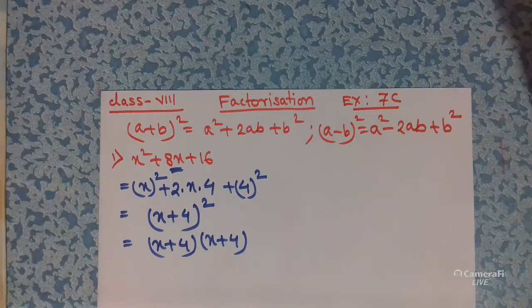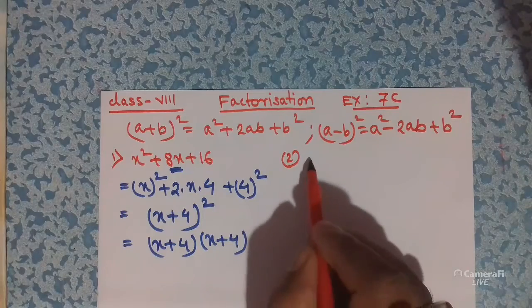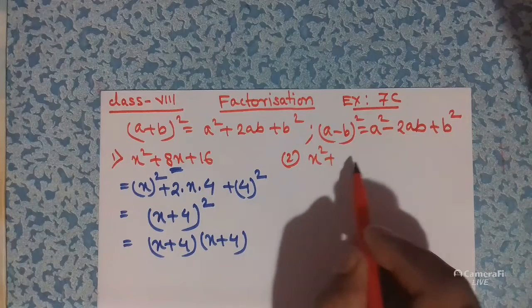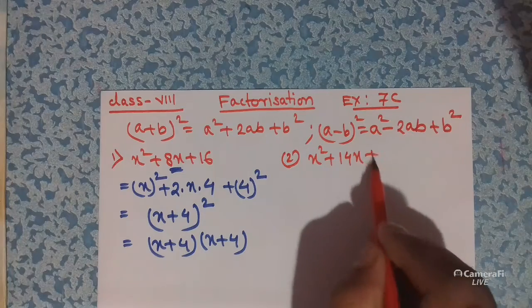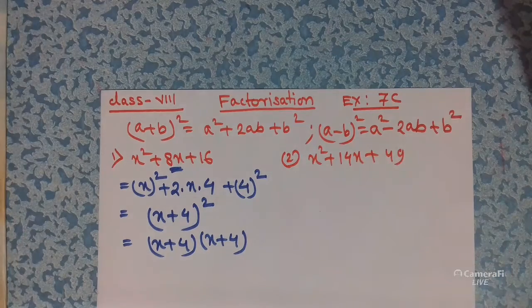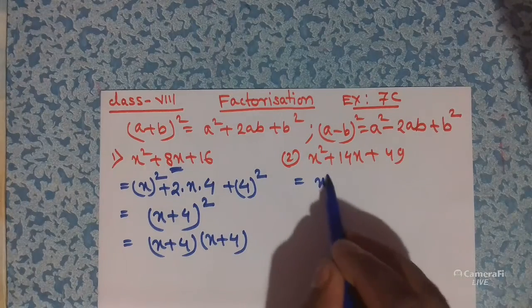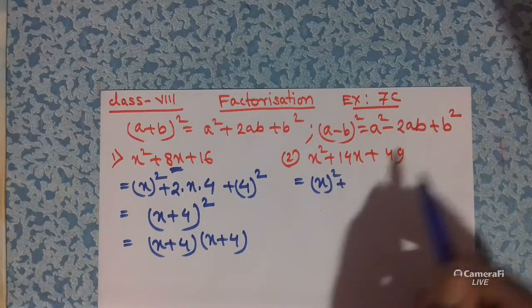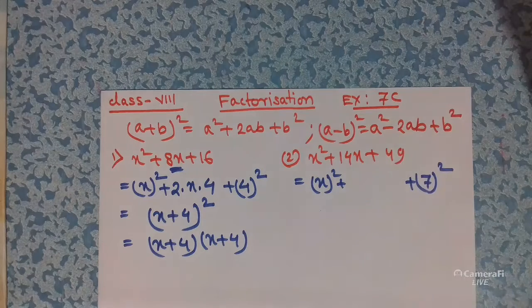Next, problem number 2: x square plus 14x plus 49. So here students, also it is in the form of a square, and the last one is 49, which means 7 square.